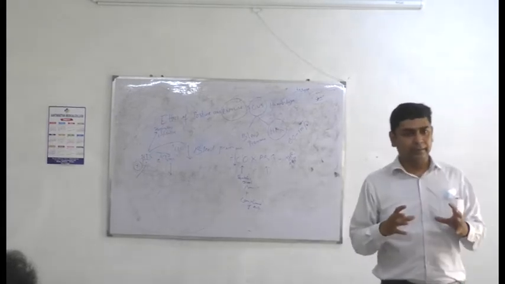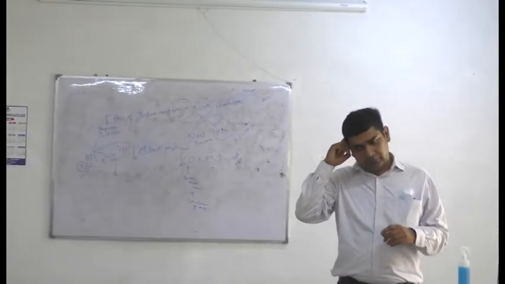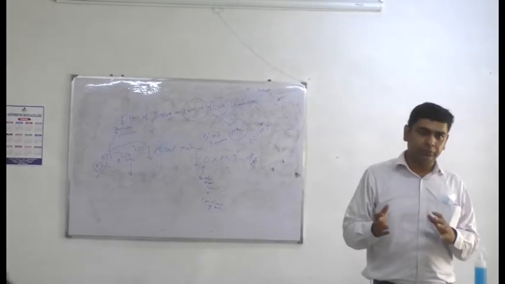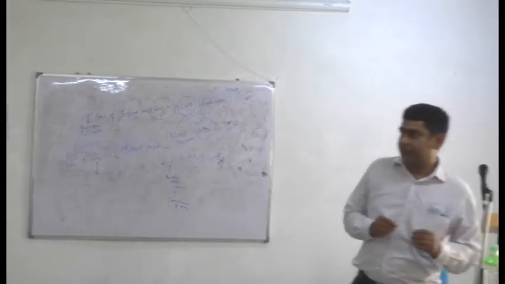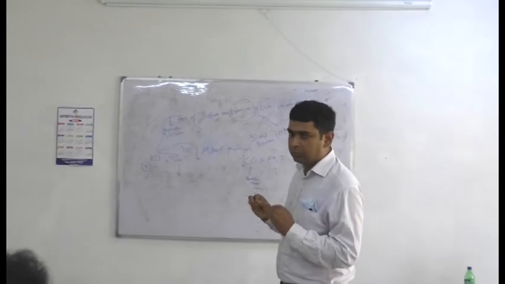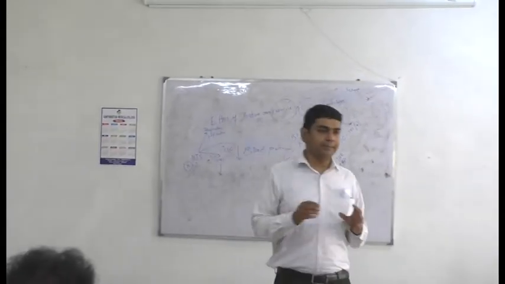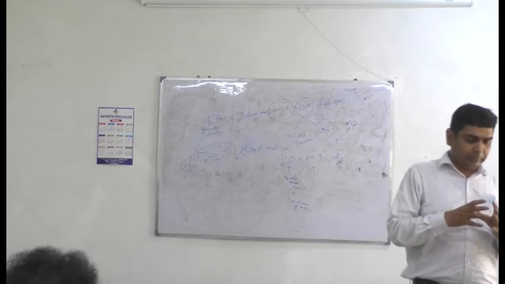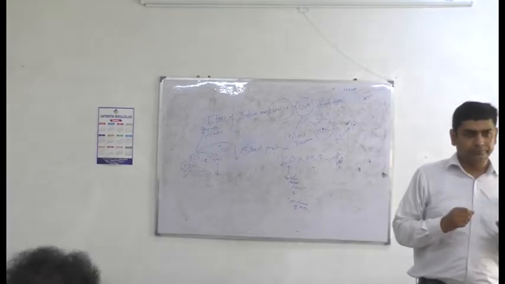There is also production of nitric oxide, which is also a metabolite, and there are some local hormones. All these are produced, and they cause dilatation of the arterioles.